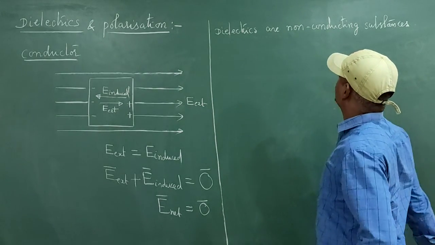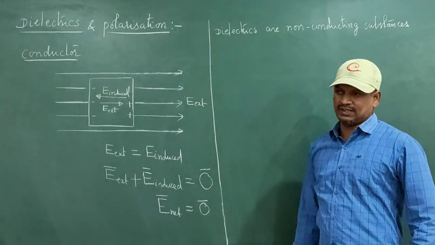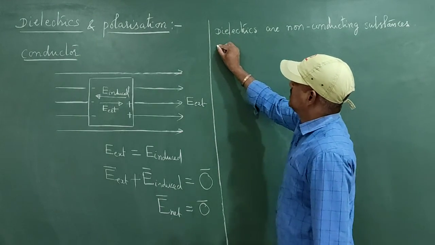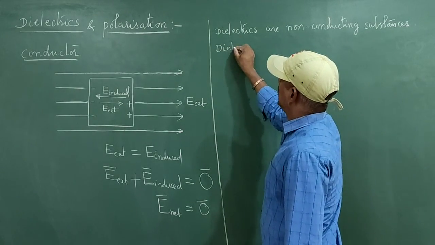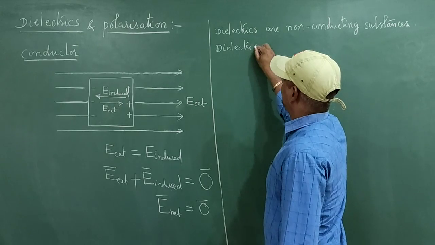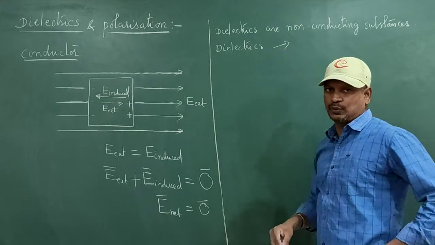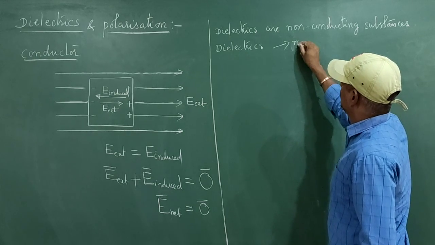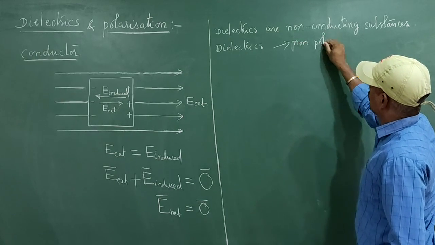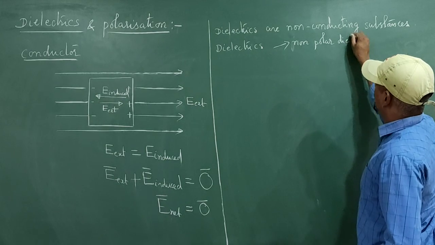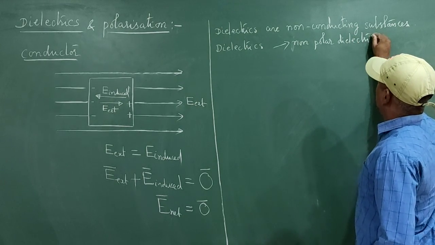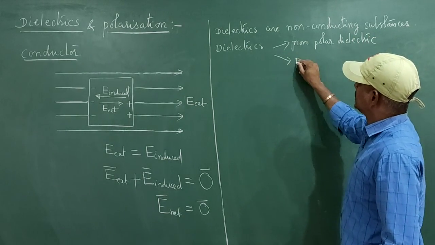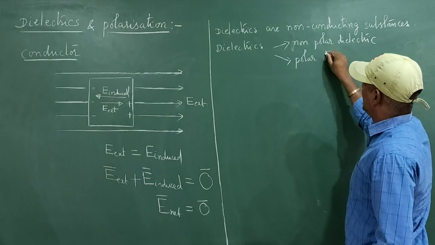So dielectrics are non-conducting substances. Now, dielectrics are of two types. The first one is non-polar dielectric, and the other one is polar dielectric.